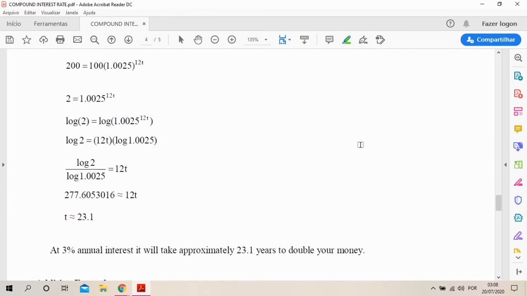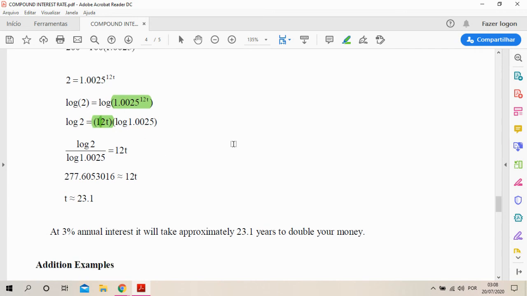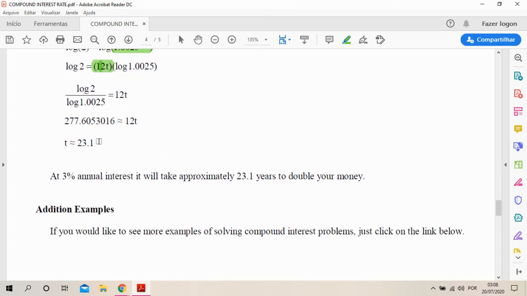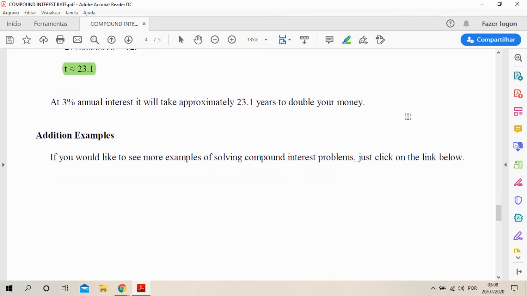And then again, we are going to use that same property of logarithms to bring this 12 down to this side here. And ultimately, we are going to find that the time is this. At 3% annual interest, it will take approximately 23.1 years to double your money.